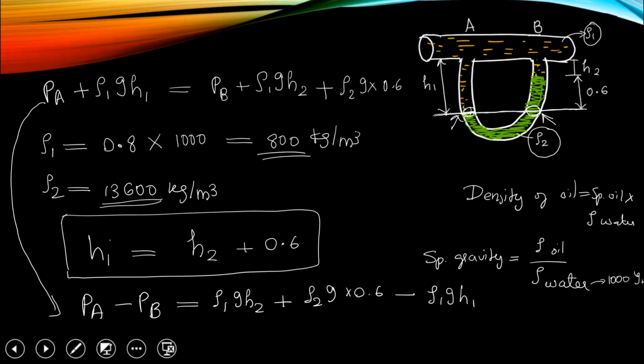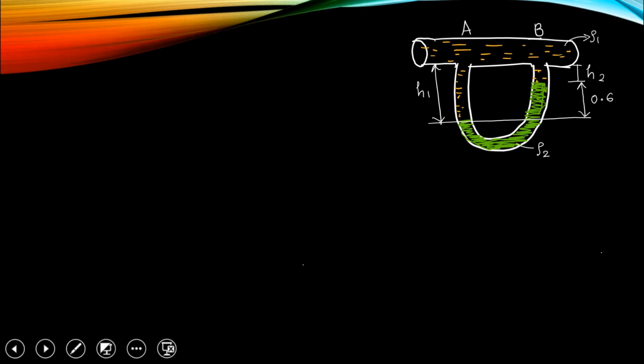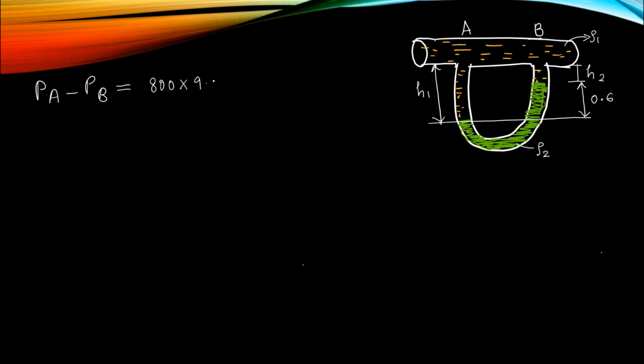We have the values of ρ1 and ρ2, so I am substituting those values. PA minus PB is equal to ρ1 g, with g as 9.81, into H2, plus ρ2, which is 13,600, ρ2 g into 0.6, minus ρ1 g H1.